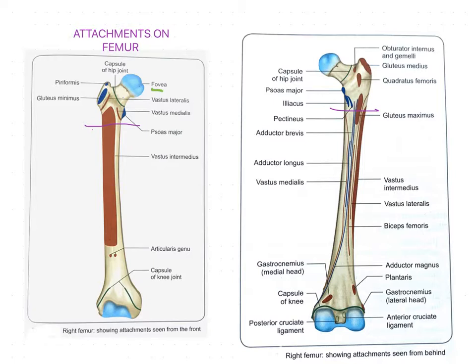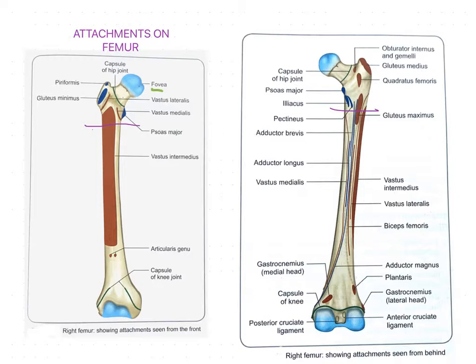If you come to the neck, only capsular attachment is seen, the capsule of the hip joint. That means the neck is intracapsular.